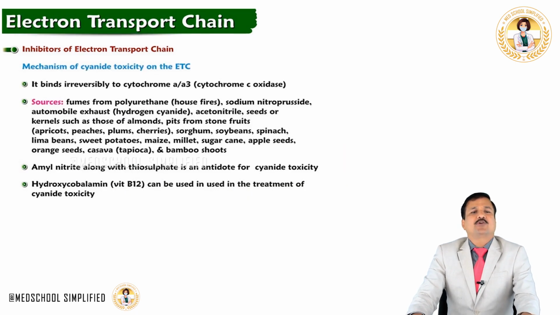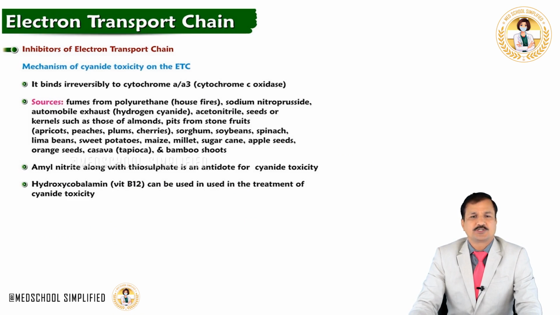Now let's move on to see the mechanism of cyanide toxicity on the electron transport chain. Cyanide is an inhibitor of cytochrome aa3, that is complex 4 in the electron transport chain, and note that complex 4 is called cytochrome c oxidase.